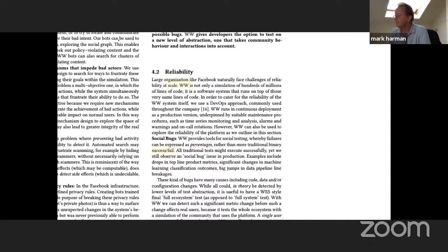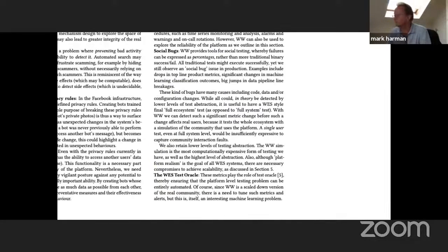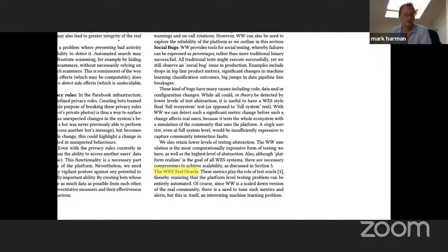And one exciting thing about that is that though we're at a very high level of abstraction, there are very valuable oracles, because the same oracles we use to detect faults in production can now be pulled back into the simulation layer and used to detect those same kinds of bugs before they hit production at the social interaction level on a web-enabled simulation.